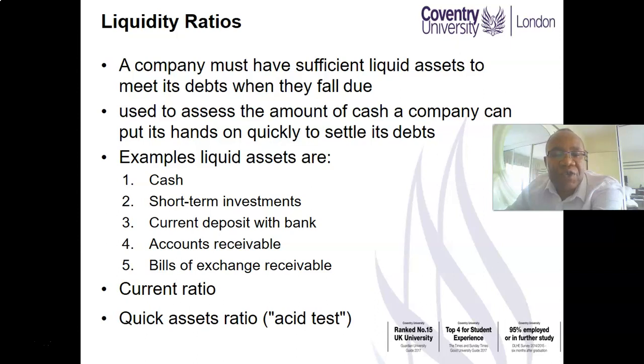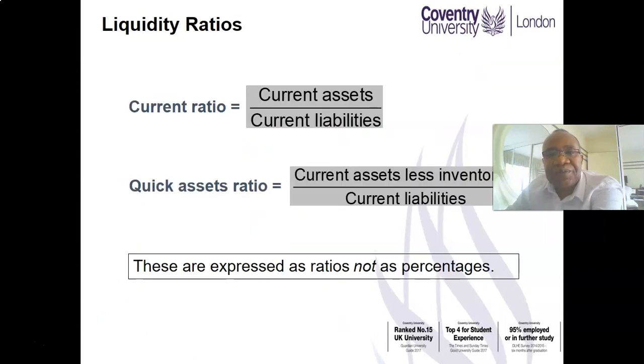These are the current ratio and the quick asset ratio. Let's look at these two in turn now. Current ratio: basically, you take the current assets of the entity and divide that by the current liabilities. The current assets will include inventory, receivables, bank account, and the like. You express this as a ratio, not as a percentage.